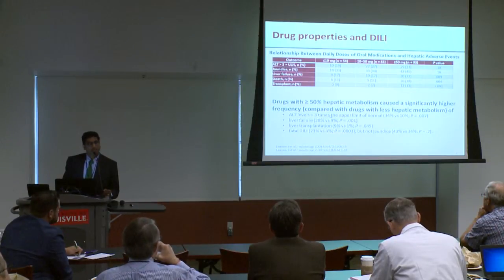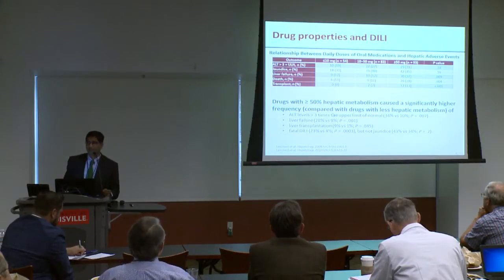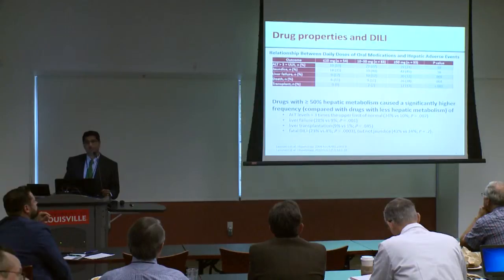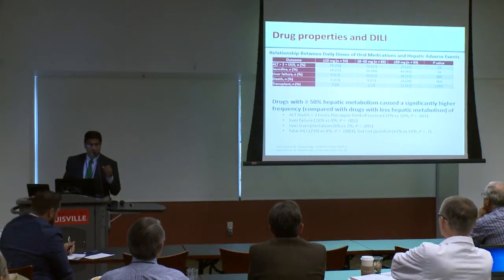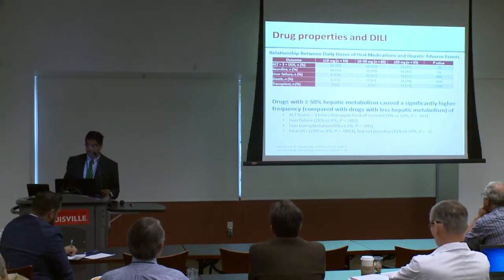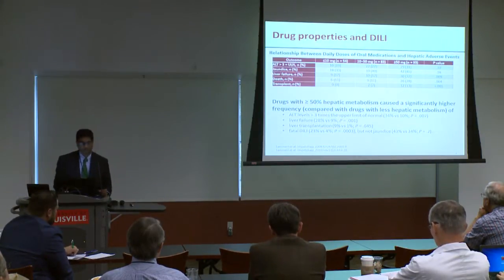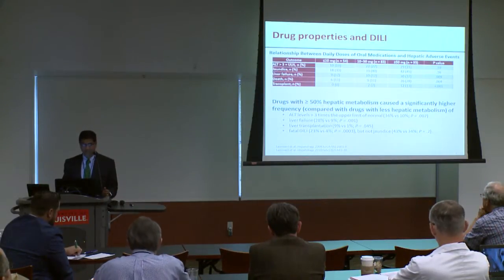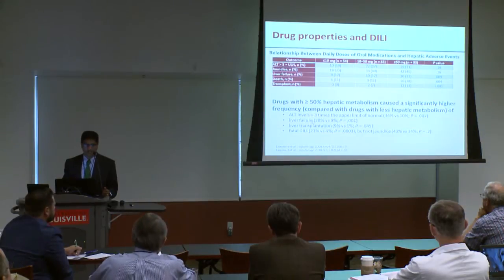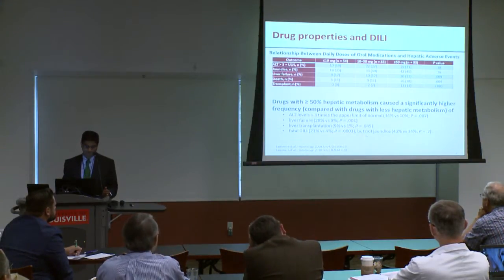We again looked at a separate question: if a drug undergoes hepatic metabolism, there is more chance of forming a drug-hapten complex eliciting an immune response. So do drugs that undergo metabolism cause more liver problems? In this study, we quantified drugs as undergoing greater than 50% metabolism, and we saw a significantly higher frequency compared to drugs with low metabolism.